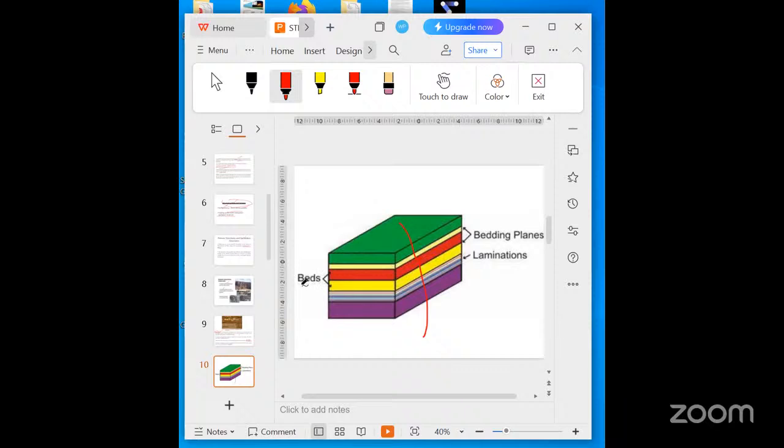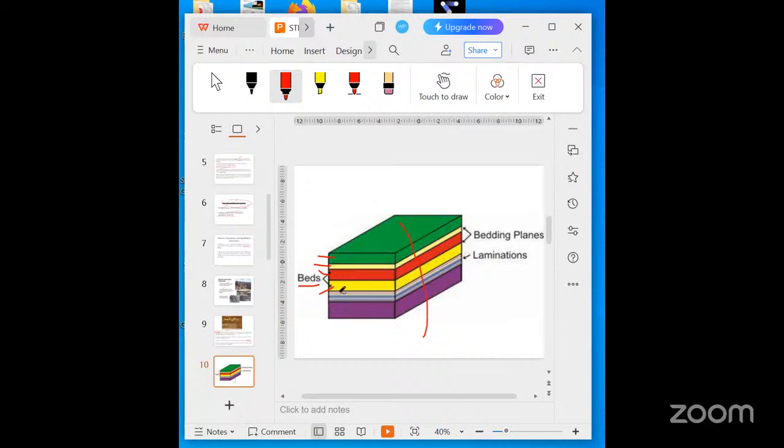You see here, this is called a bed. A bed is defined as an individual layer or stratum of a sedimentary rock, right? You see these are the layers. Green is one layer, yellow is one layer, red is another and light yellow is another. These are called beds, right?